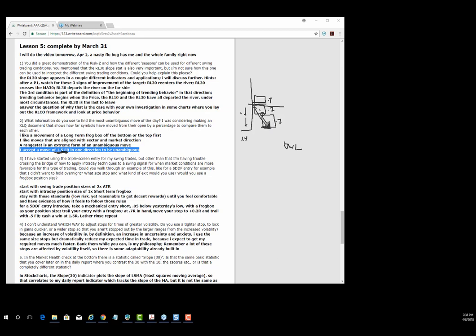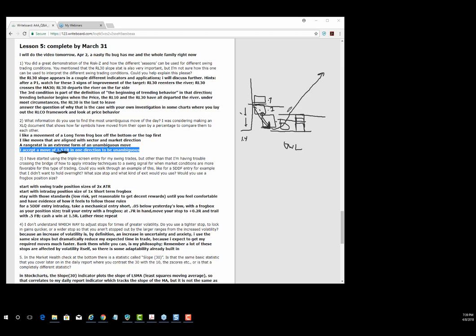Now, if it reverses and we get a P1 and then RLXD, dragon rolls up, and then the 30 rolls up, well, we then had that owl entry somewhere down in here. And what I'm looking for here is a move of a hybrid frog or a long-term frog box or a full frog box off the bottom.